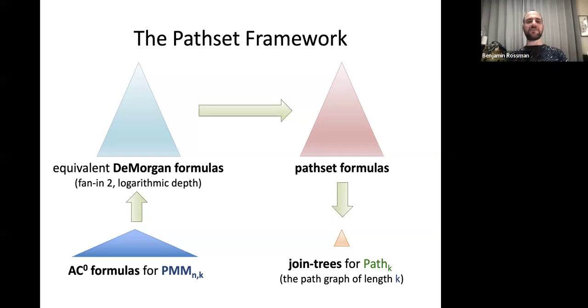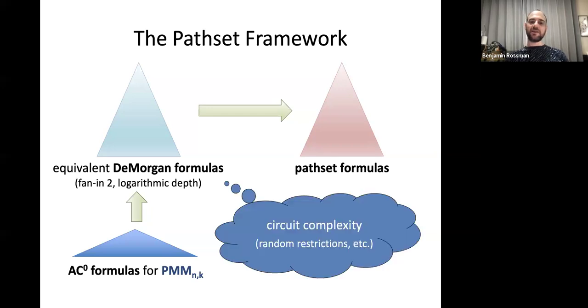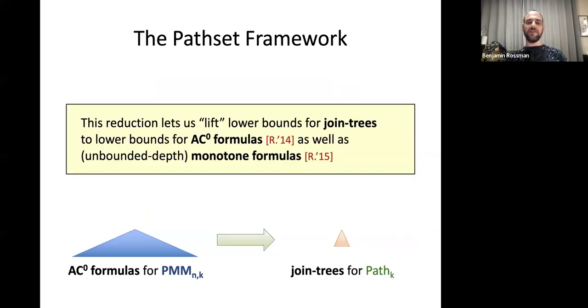Those get converted to something that we call path set formulas, a simpler class of formulas, and that gets further reduced to join trees. Okay, and so this is where the circuit complexity comes in, in this reduction. I'll be focusing more on the lifting theorem that emerges from this framework.